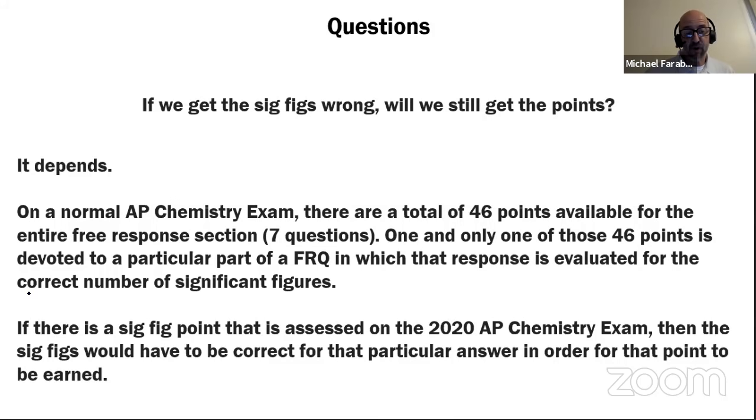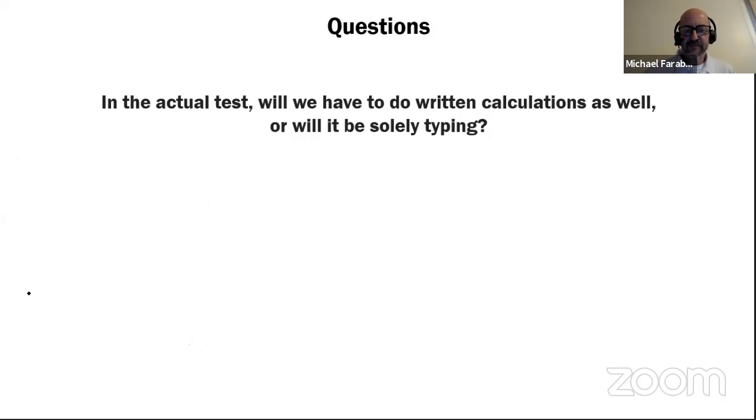Now, if, and I don't know this for a fact, but if there are sig fig points assessed on the 2020 AP exam, again, the sig figs would have to be correct for that particular point to be earned. So I would just say pay attention to sig figs because you never know if they're going to be included. Respect the sig figs as you're solving problems, but do not worry, it would only be 1 point out of all of the points possible.